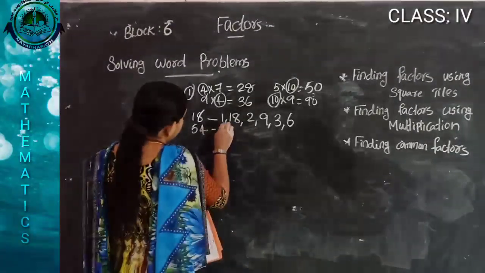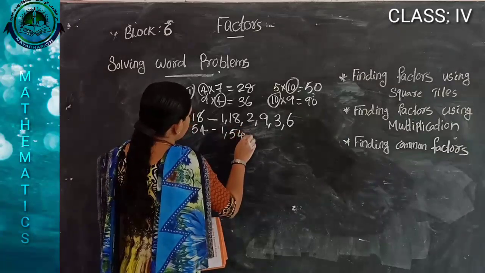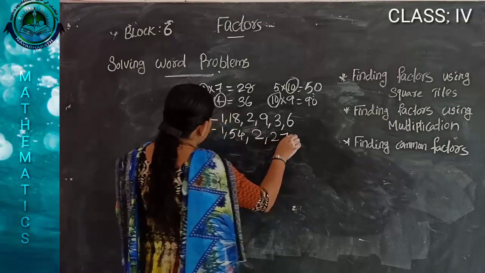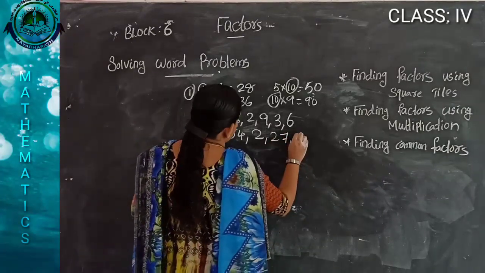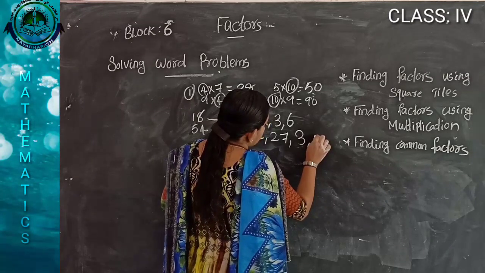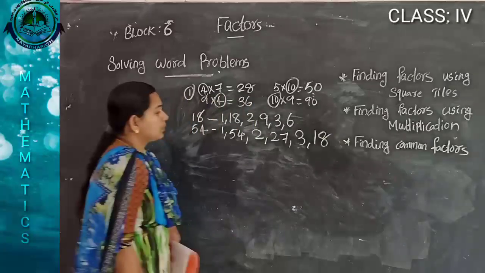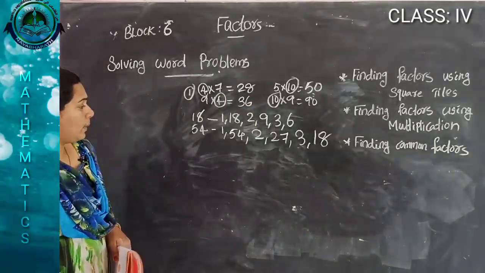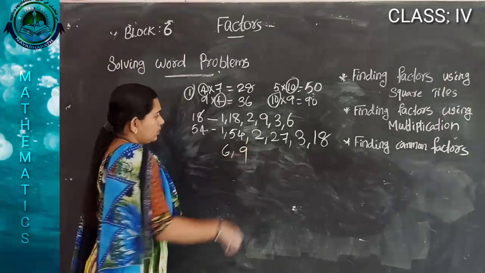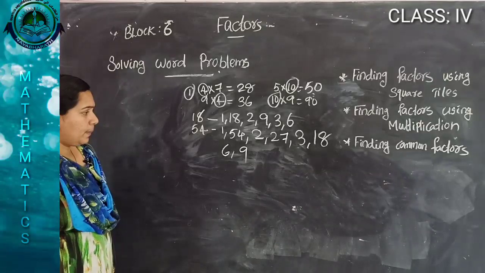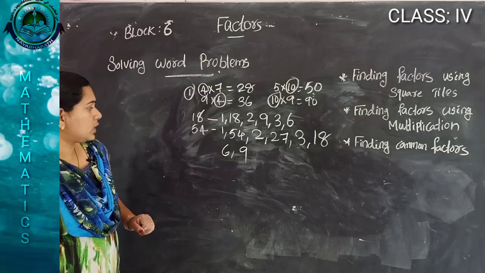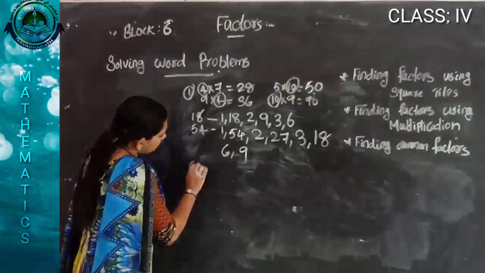Then 54: 1 into 54, 2 into 27, 3 into 18, 6 into 9. Any other possibilities? No. So we want to find the common factors.